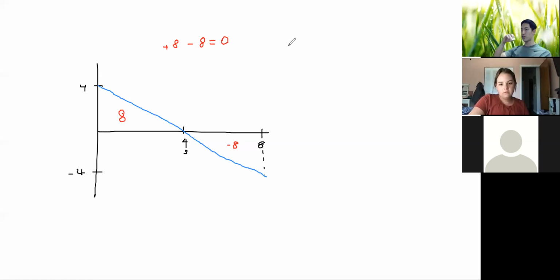Let me depict a real life scenario where this could happen, because I like to picture things in real life scenarios. This velocity versus time graph could occur. Let's say there's a ball rolling at 4 meters per second, right?